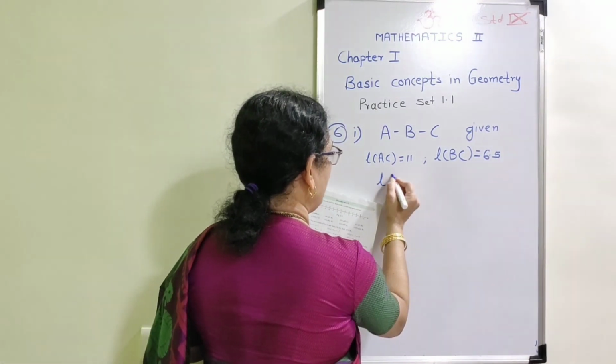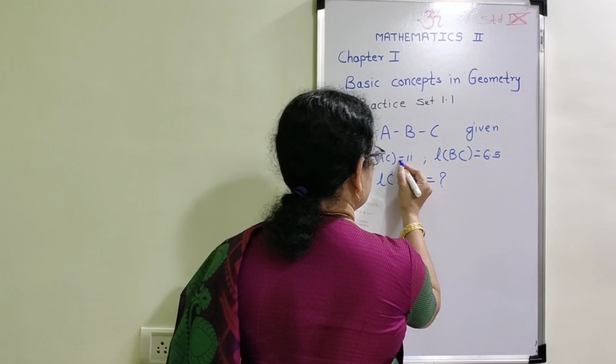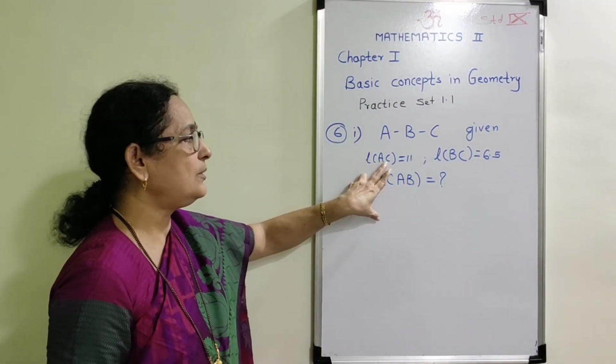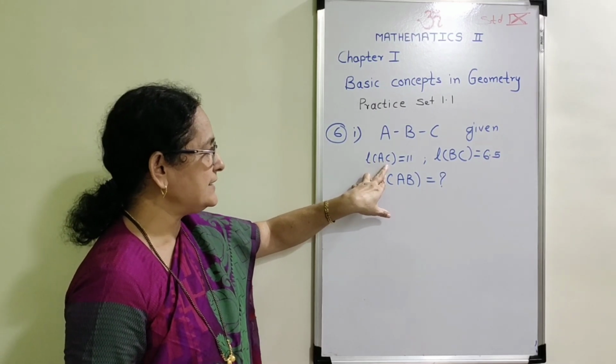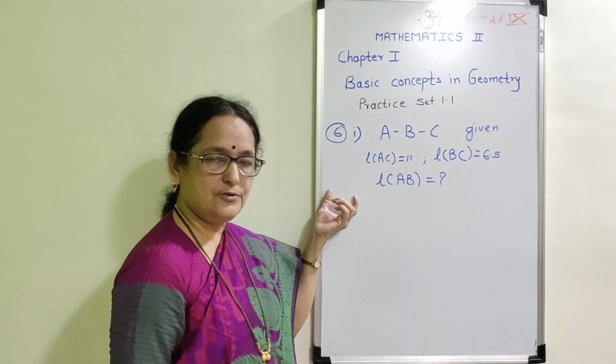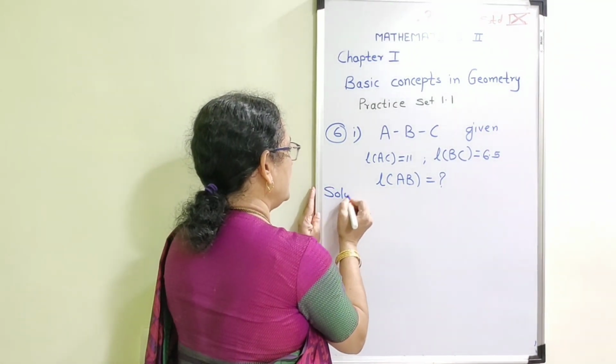Then you are going to find out length AB. Now I have already explained that distance A, B is equal to length AB, and therefore we are using the distance formula to solve this.